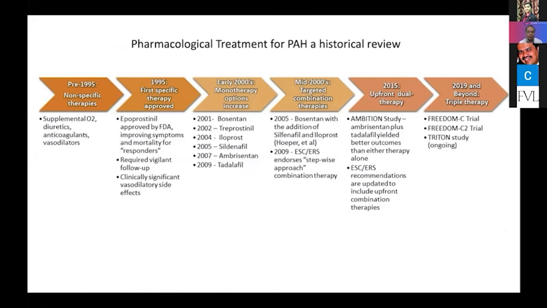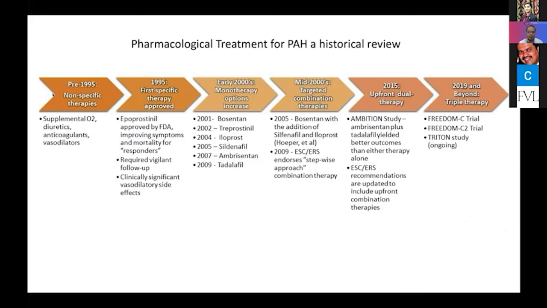Long ago, around 1995, you only had oxygen, diuretics, anticoagulation, and vasodilators, which are still used today in patients who have pulmonary hypertension in relation to heart disease, right? As we progressed, we have a lot of these pulmonary arterial hypertension specific medications.